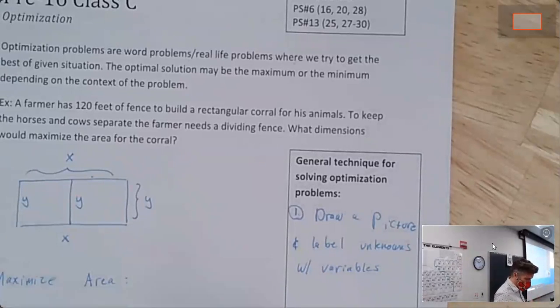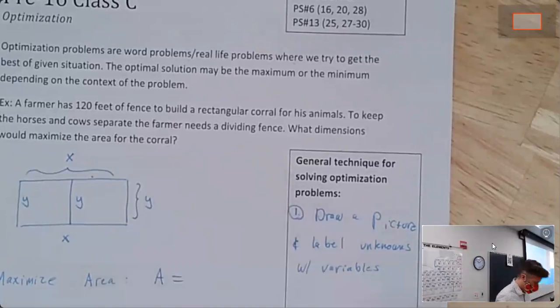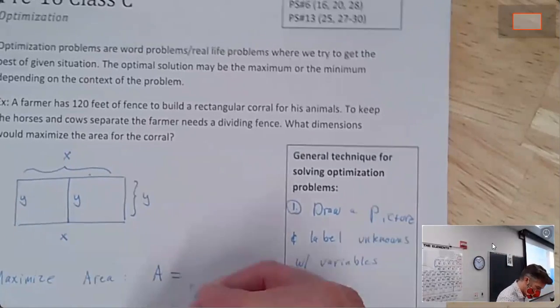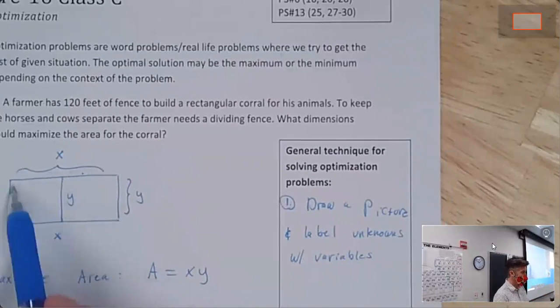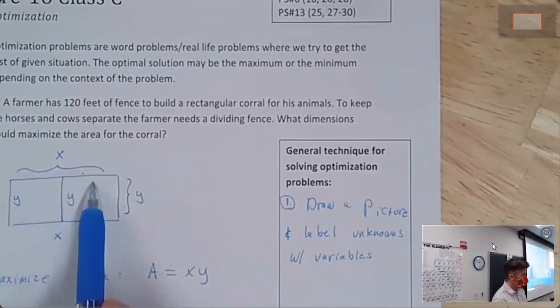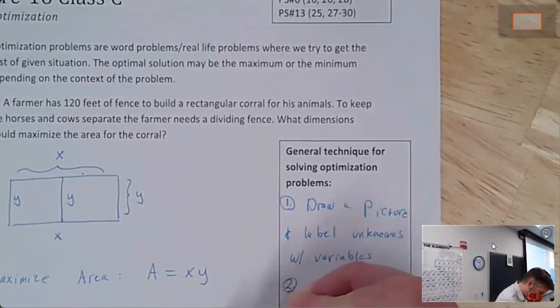What's the equation for the area of this rectangle? X times Y. And that's one of the reasons I picked that top side being a length of X, instead of X plus another X, to make my area equation a little more typical. So typically the second thing we do is we write an equation for what we want to optimize.